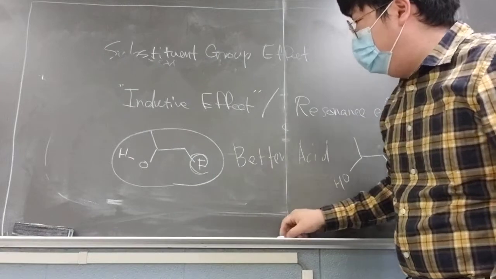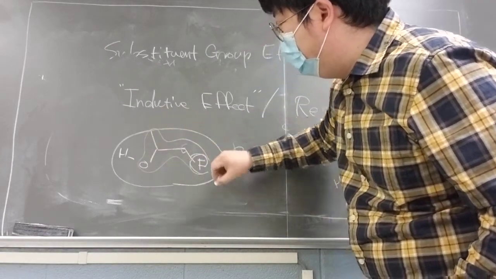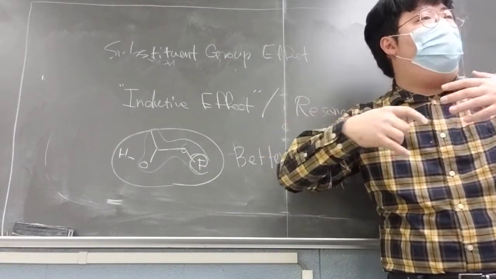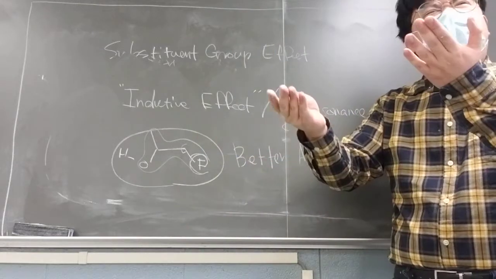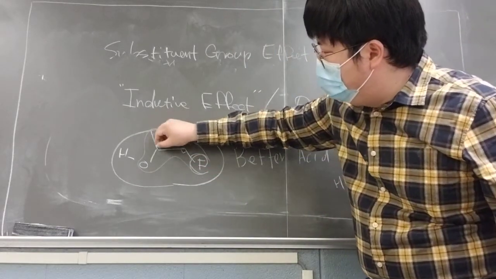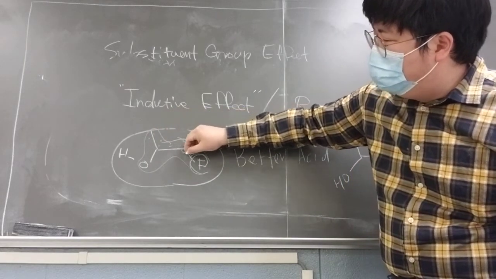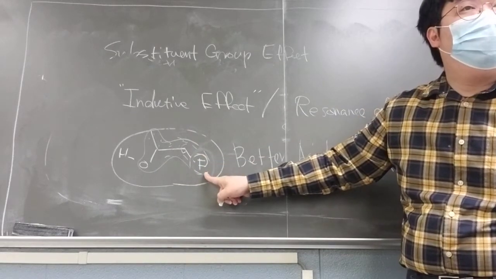So it's not just about the neighboring carbon, but this whole compound. There's a lot of effects on not just the neighboring carbon, but on all the carbons in general. The electron cloud on those compounds will tend more this way because of this strong electronegative element on this side of the compound.